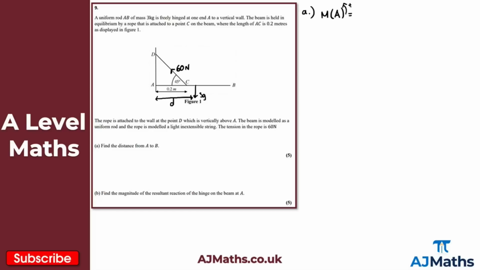So in this case, what I'm going to get is 60 sine 45. My angle here is 45 degrees, so 60 sine 45 would be positive. And don't forget we need to times that by the distance from A to C, which is 0.2. So we get 60 sine 45 times 0.2.